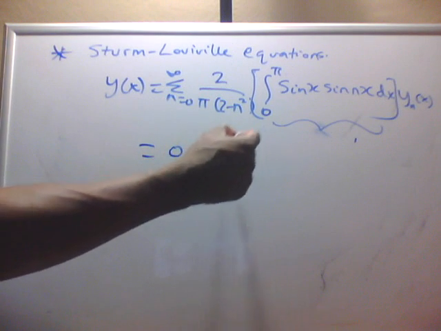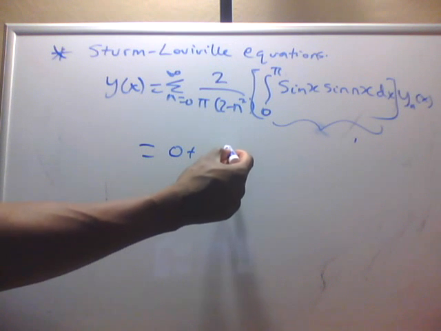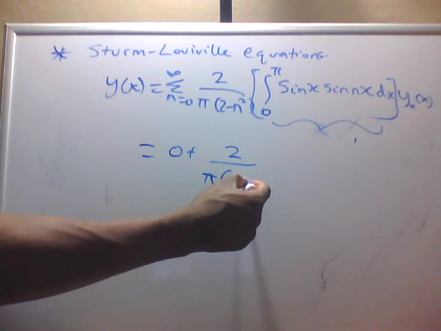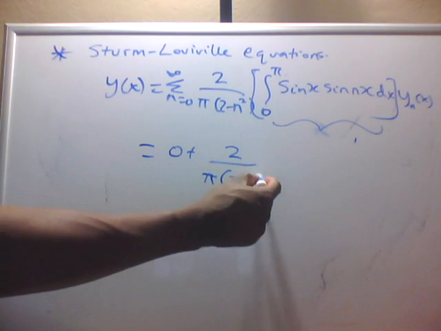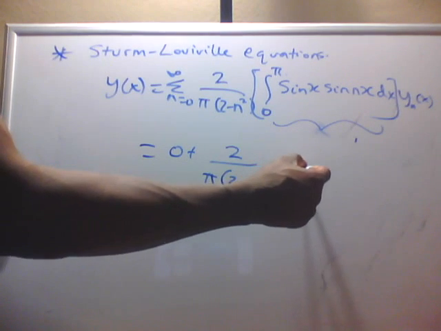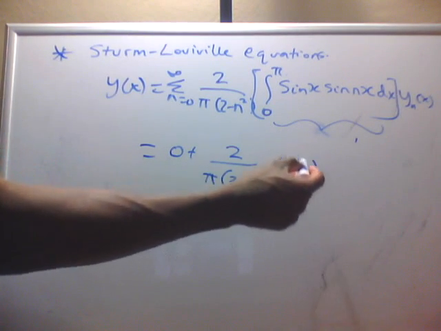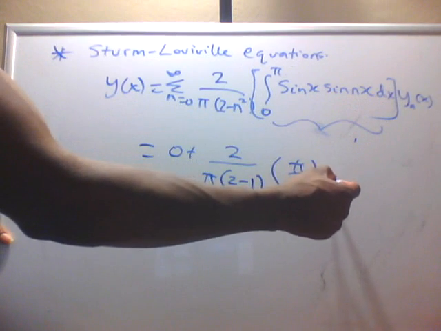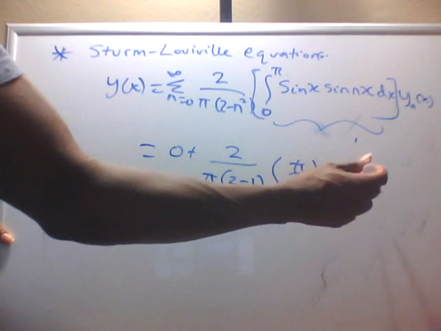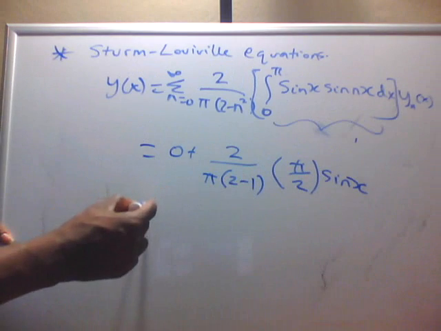So we don't really have an infinite series anymore because everything else falls off to 0. 0 plus 0, 0, except the n equals 1 term, which is 2 over π(2 minus 1 squared), that integral, which was π over 2, times yn of x, which is sine nx. Well, n is 1, so it's just sine x.